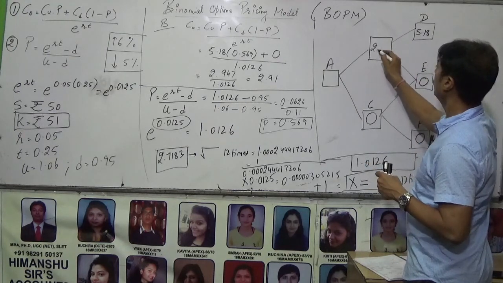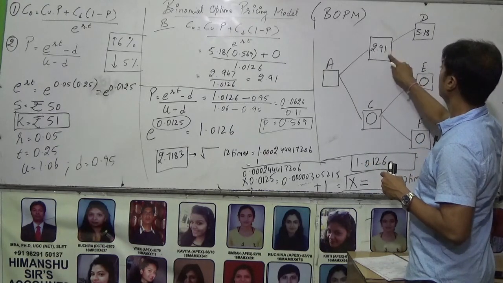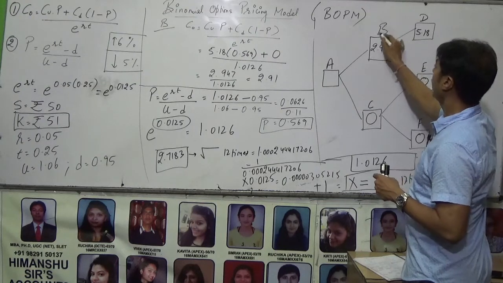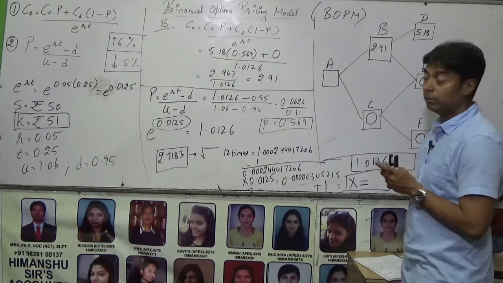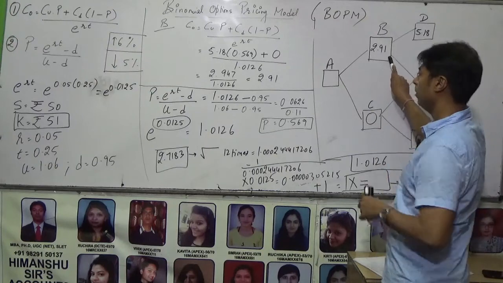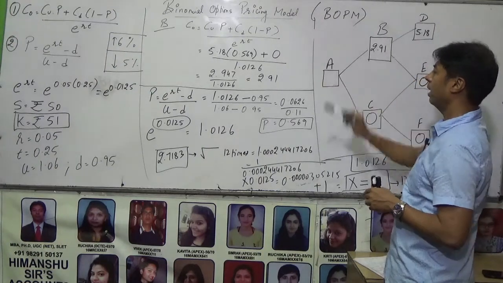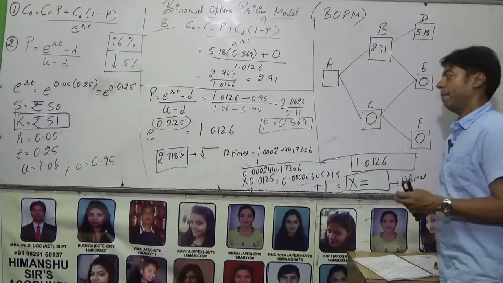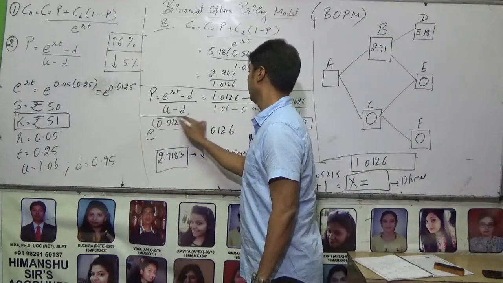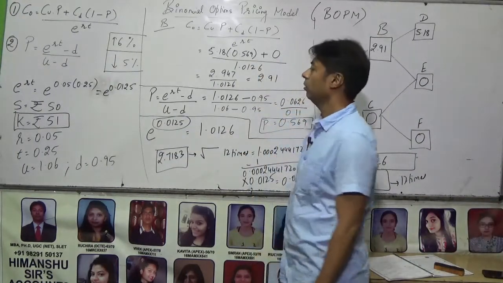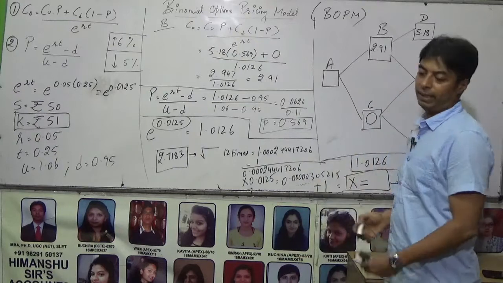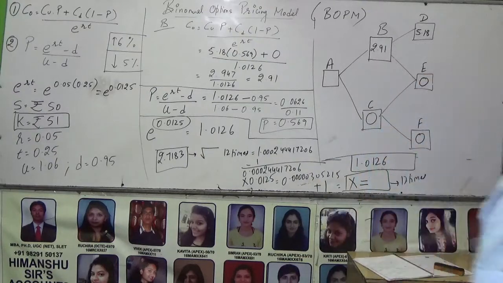It is 2.91. That's the value at node B. Once you have got the value at the node B, then only you can calculate the value at node A. Now you can take down up till here, and then let's just finish off this question.